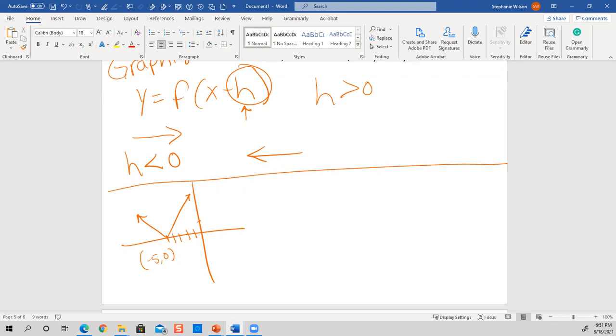Let's say this point here. And you are given f of x is equal to the absolute value of x minus 2. Well, what do I know about x minus 2? The original formula says x minus h, correct?